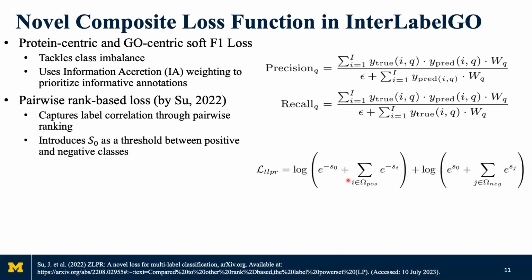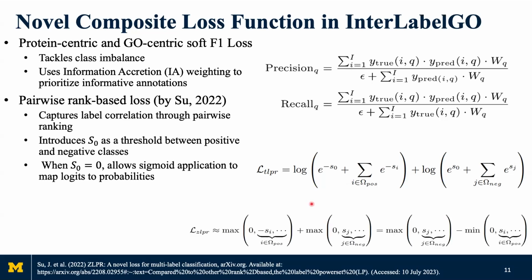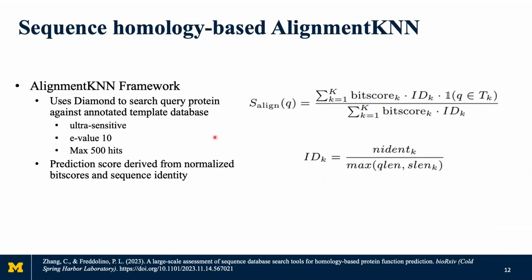This achieves linear space and computation requirements. And when we set the threshold to 0, it allows us to apply a sigmoid activation function to map the logits into probabilities. The final composite loss is just a simple multiplicative combination of the losses I mentioned above.